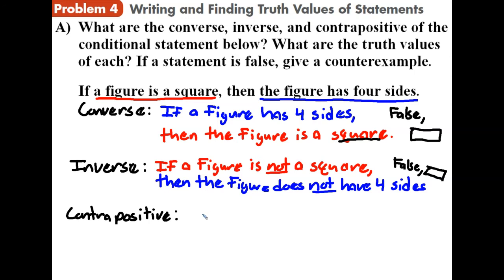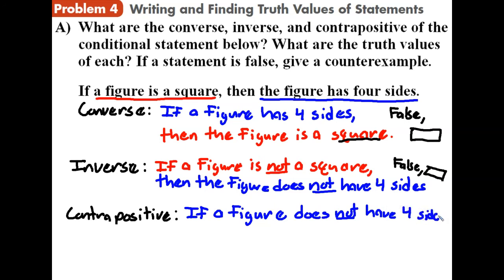And we'd write that as if a figure does not have four sides, okay, then the figure is not a square.